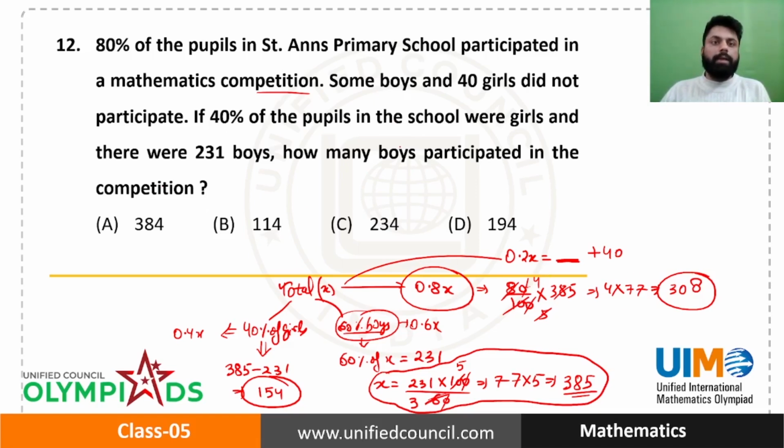40 girls did not participate, and some boys did not participate. 231 are the boys, 154 are the girls. Now, out of 154, the number of girls who participated is 154 minus 40, that is equal to 114.